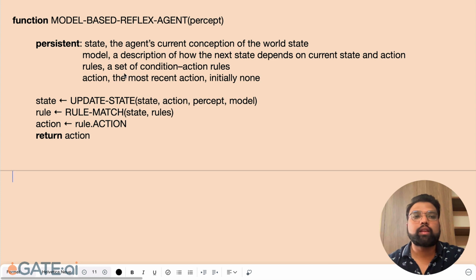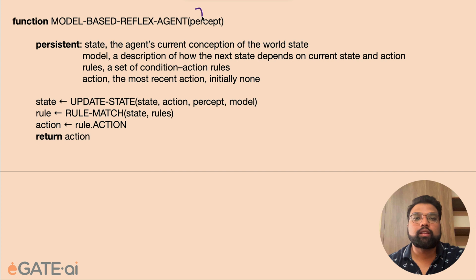Now let's write the agent program for model-based reflex agents. This is the standard agent program. As I was mentioning, it takes the current percept, and it has to persist four things. One is the state, that is the current conception of the world, and the model, which has the description of how the next state depends on the current state and actions. Then the rules, same as last time, the condition-action rules, and the action, that is, it will store the most recent action. It won't have to store all the actions, because these things are necessary to update the state.